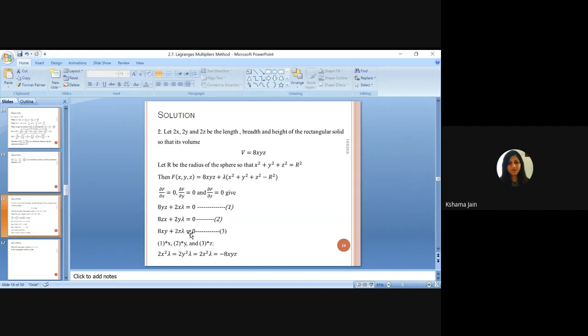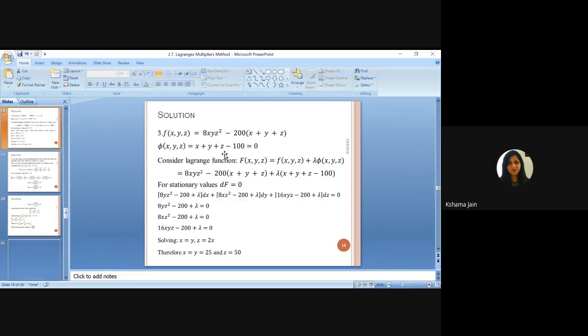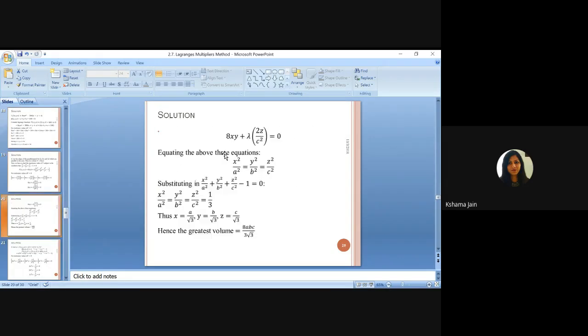Put the first derivatives equal to 0, same like earlier. So we got x equals y equals z. And when the three are equal, we know that a rectangular solid in 3D is always a cube. Like in 2D it will be a square, but in 3D it will be a cube when all the lengths are equal, length, breadth, and height.